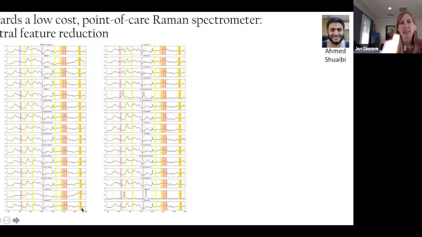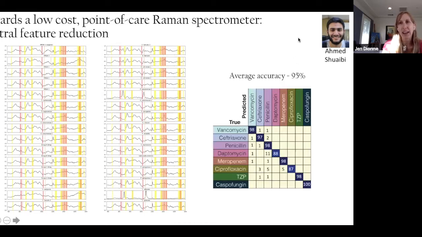What we did is identify which of those 1,000 wavelengths were most important for feature detection. And here I'm showing you the ones that are most important. So here we only have 300 features, all color-coded by the importance in terms of the classification. You can see there wind up being roughly about 10 spectral bands that are most important for getting high classification accuracy.